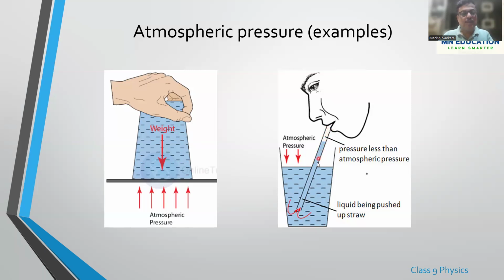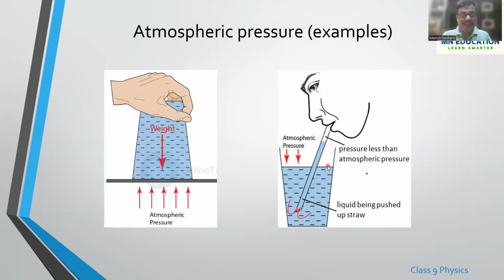So due to this low pressure region, the atmospheric pressure acting on the surface of the liquid pushes the liquid into the straw. Because of the low pressure inside the straw, liquid gets pushed into the straw due to the atmospheric pressure acting here. And once the liquid reaches your mouth, you can actually drink.